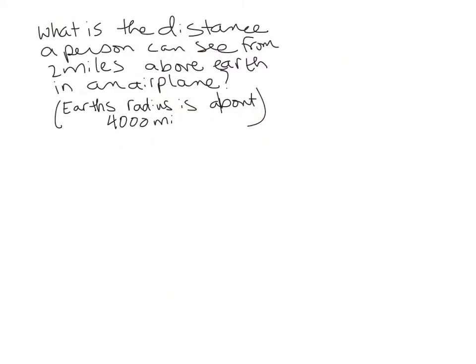So we can use it in a problem like this. What is the distance a person can see from 2 miles above Earth in an airplane? So what we want to imagine here, we've got our Earth, and you know, I'm really good at drawing, so here's our airplane.